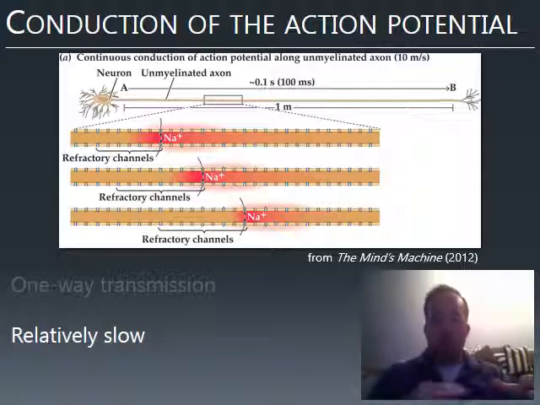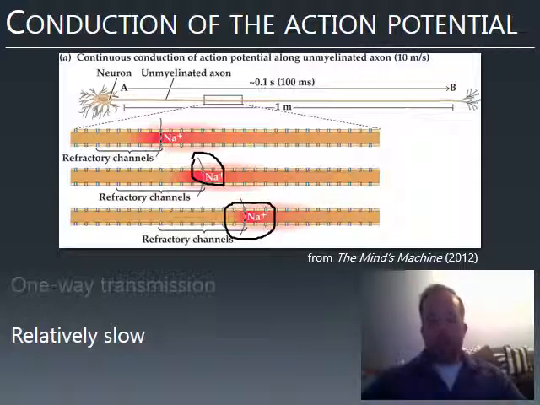So it's going to depolarize all the sodium channels that are nearby and open them up. Sodium is going to flow in there, and of course that's going to depolarize the next section. So the positive charge will propagate down that way, and it just keeps on going down the axon because the positive charge flowing in at one location opens the sodium channels at the next location. So that's how an action potential moves down the axon.